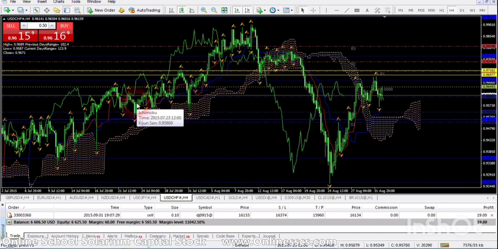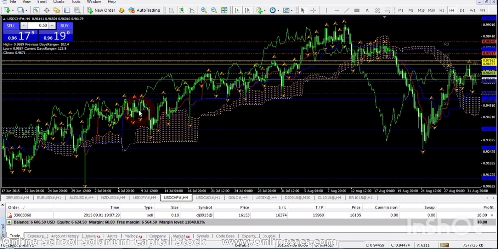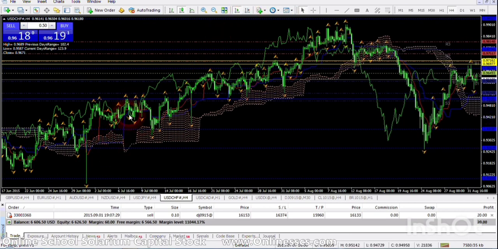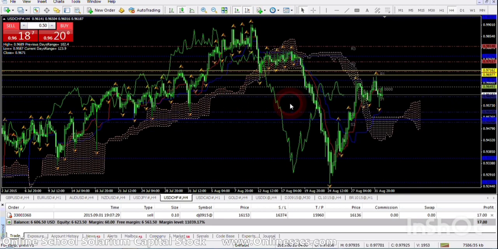Okay, in the next video we should talk about the crosses, like what are these crosses, and these two lines that are on each other and have gone straight in one direction, and what does it show?